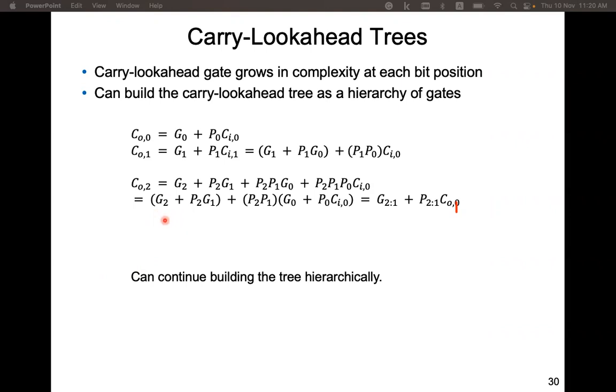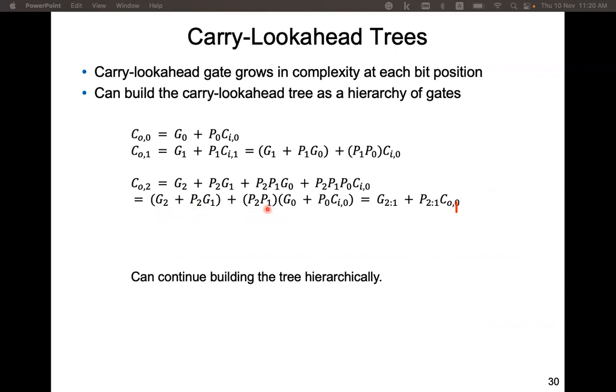So if we treat bit 1 and bit 2 as a group, this group's generate is this. The group generate function equals G2 plus P2 times G1. The group generate is a function of the individual bits' generate and propagate signals.